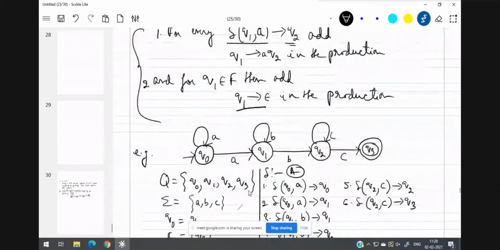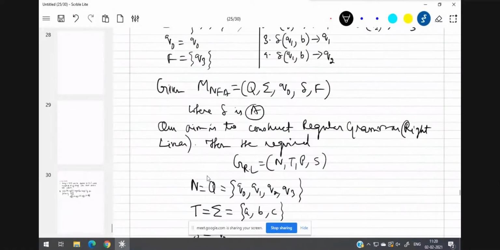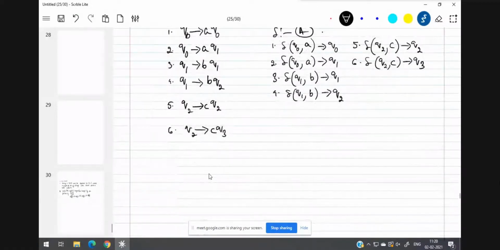In our example, how many final states are there? Only a single one, Q3. So for this Q3, another extra production will be Q3 to epsilon. This is the required production.